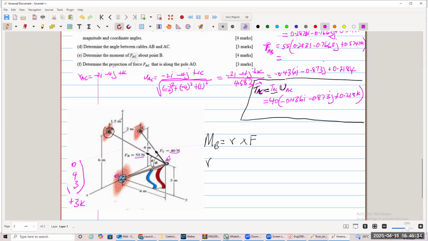About B, you have that line going to the vector. So this is a line, one line connecting it. That's one of them. You would consider that to be your R.